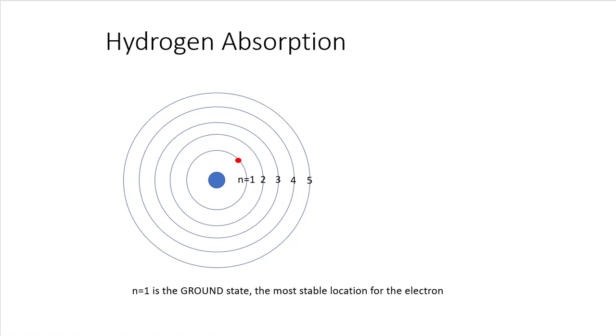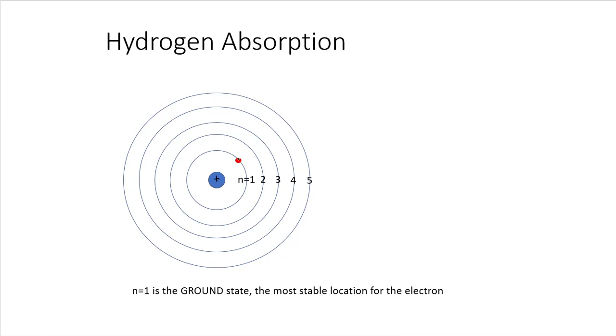So here in front of us we have a very simple hydrogen atom. Here we have the nucleus of the atom, and for a hydrogen, it's just one proton, there are no neutrons. So we have a proton in the center, and then, like I said, this is not actually true, but we can imagine that we have electrons that can orbit around it. A hydrogen atom only has one electron.